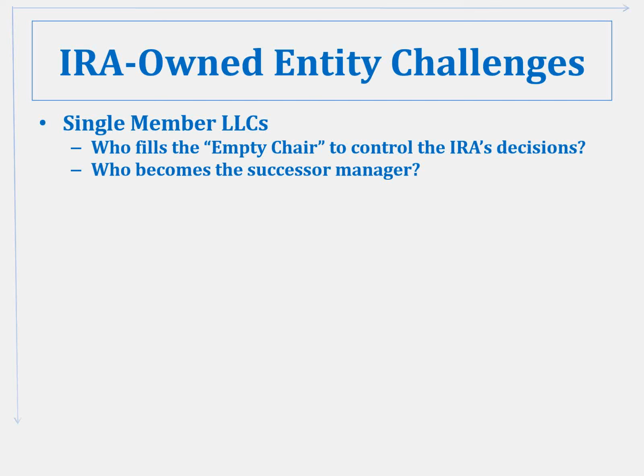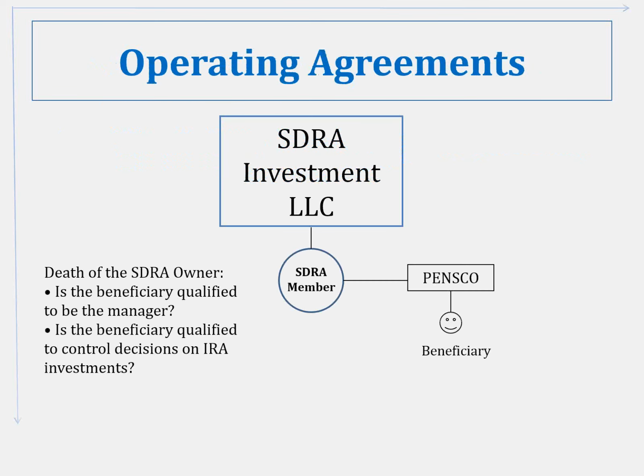And then of course there's also the question, if the IRA owner is the manager of the LLC, there's the serious question about who becomes the successor manager. So here we have a typical situation. We have a self-directed retirement account investment limited liability company. The self-directed retirement account owner has died.